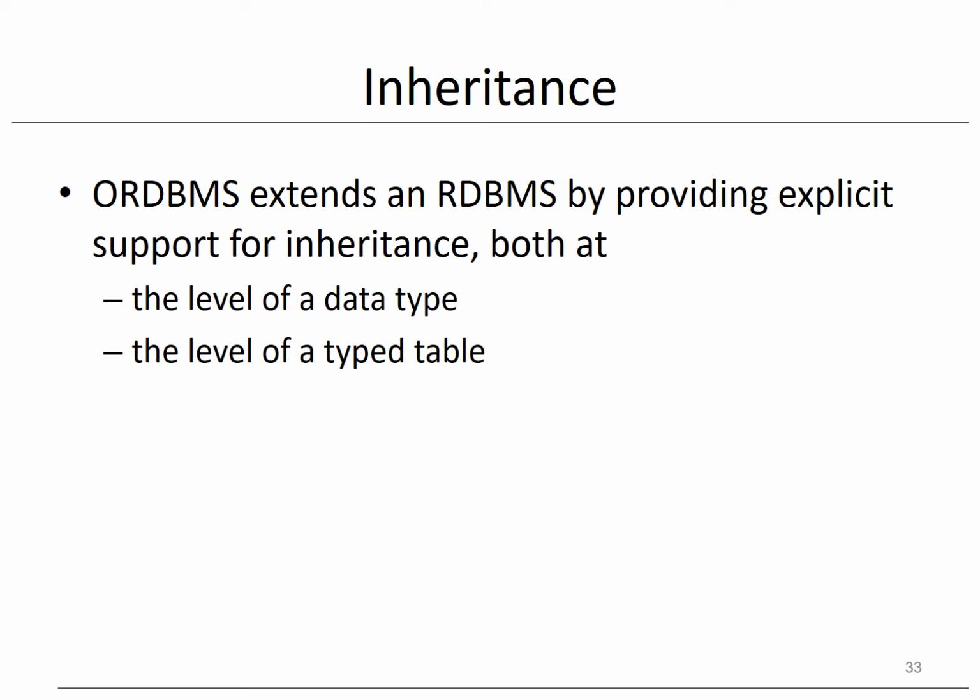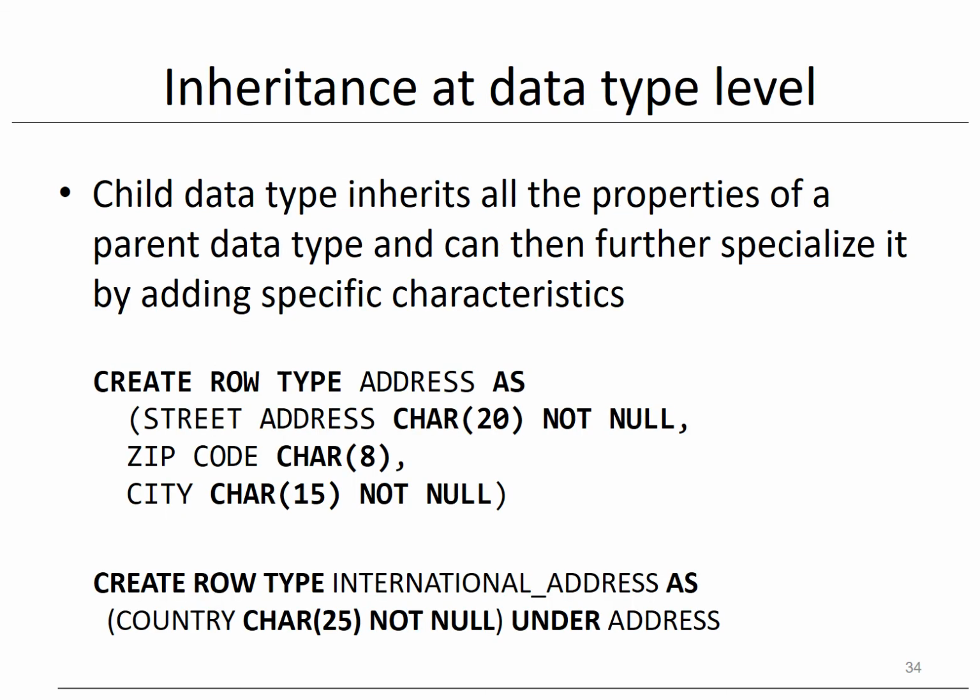An ORDBMS extends an RDBMS by providing explicit support for inheritance, both at the level of a data type and a type table. Inheritance at data type level implies that a child data type inherits all the properties of a parent data type and can then further specialize it by adding specific characteristics.